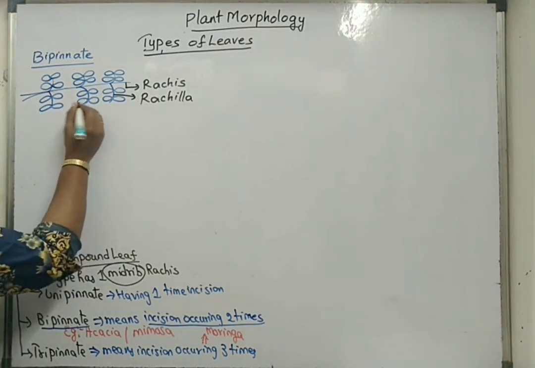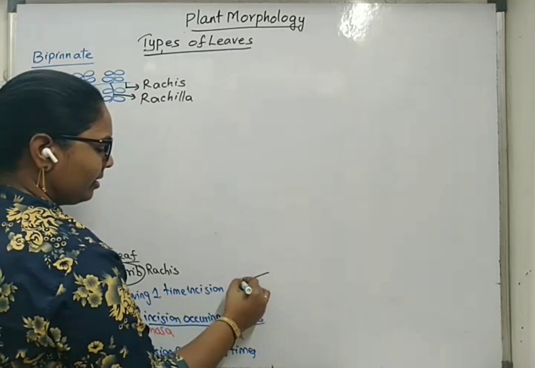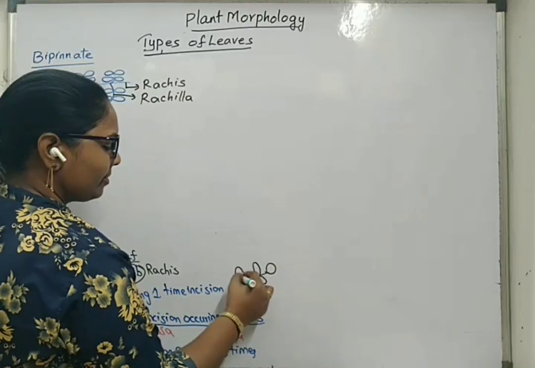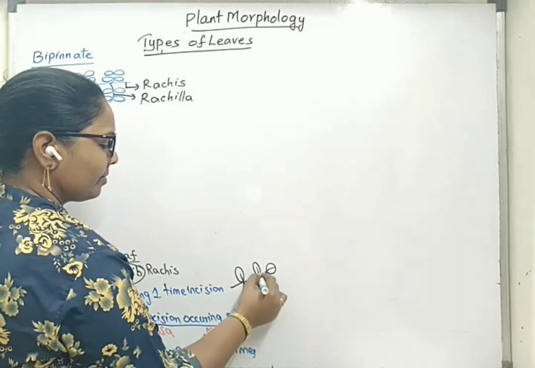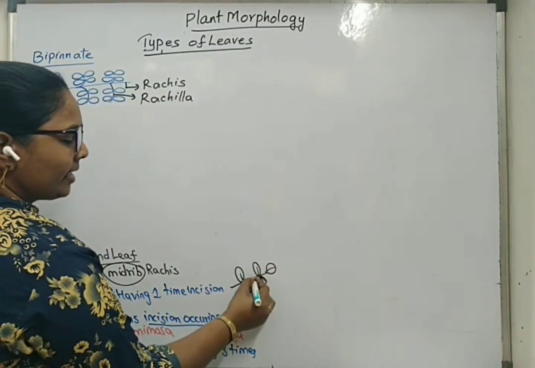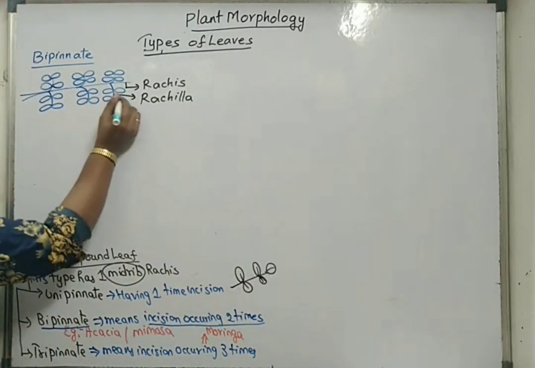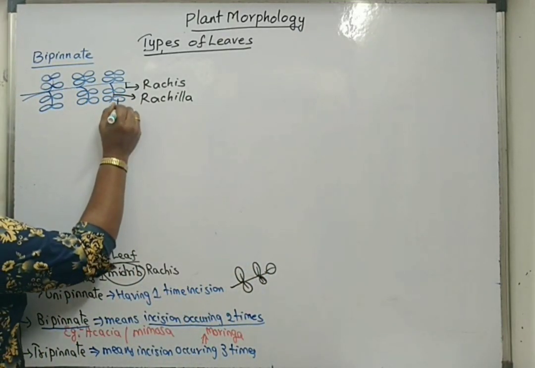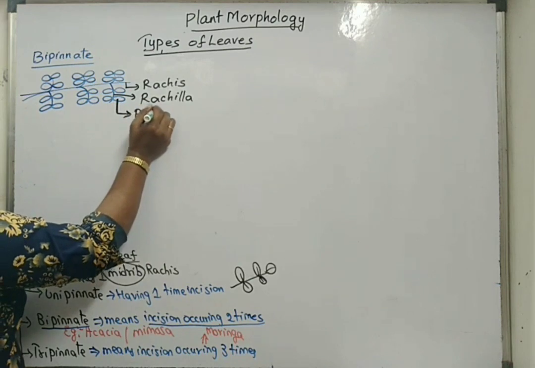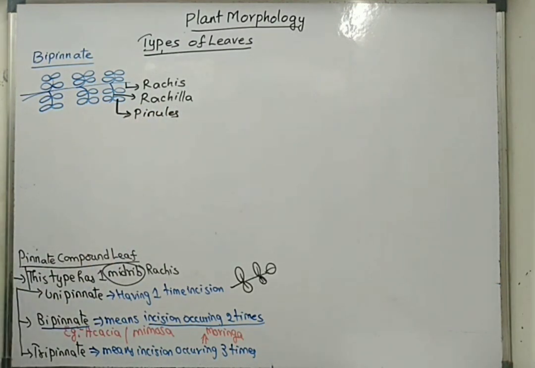Now, initially we gave a term here. If the leaves are cut like this, this one is the rachis and these are leaflets. Now, these leaflets again underwent incision, giving pinnules. So, we'll write some points regarding this.